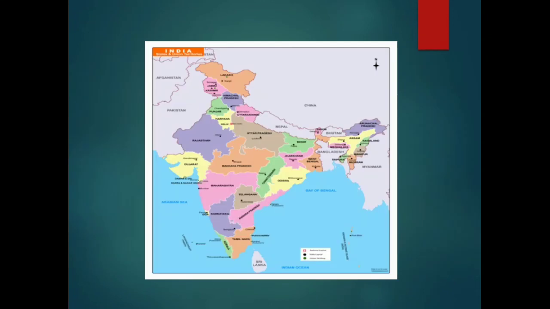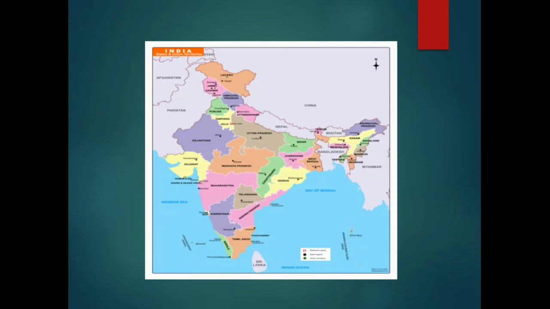Okay, this is the latest map. After making all the changes, this is the map we are using now. The latest change is that Jammu and Kashmir was divided into 2 union territories, Jammu and Kashmir and Ladakh. All the maps are made according to the changes done. Maps are prepared for the government by the Survey of India. So these are the maps we are using.